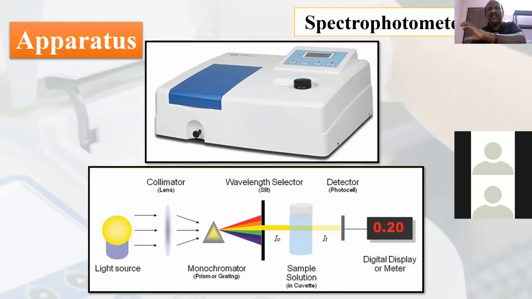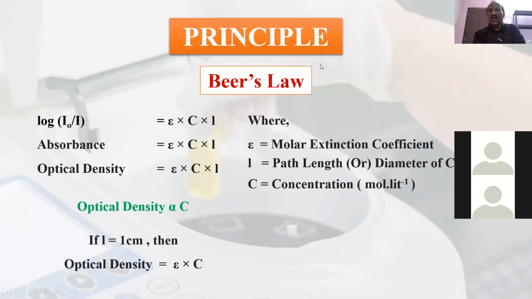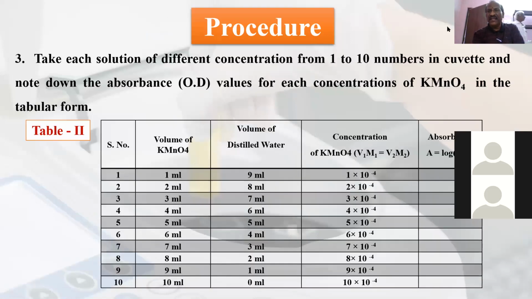If we put it on optical density, we will get the OD values. So like this we will take the different concentration solutions in different cuvettes, put them in the slot, and then note down the OD values. That OD value we can write here.